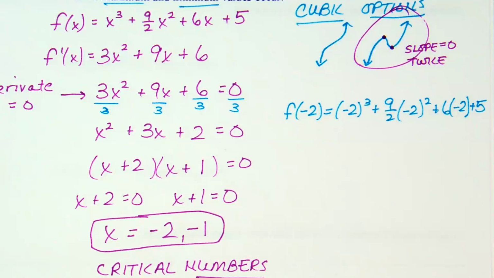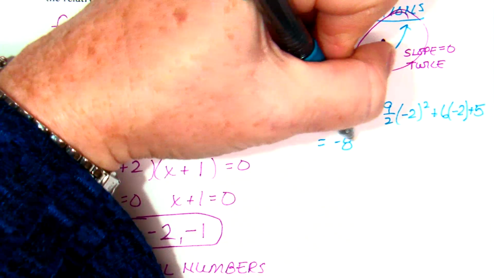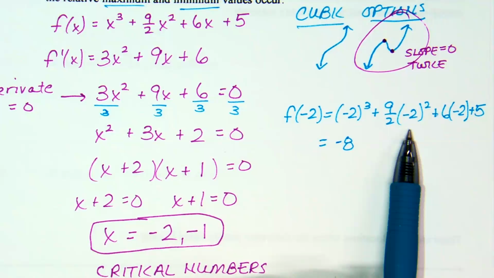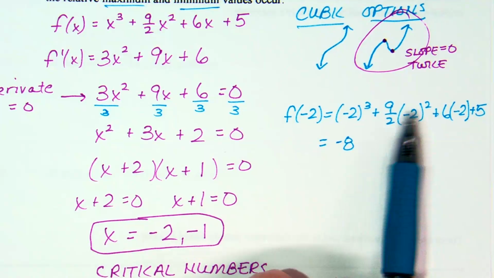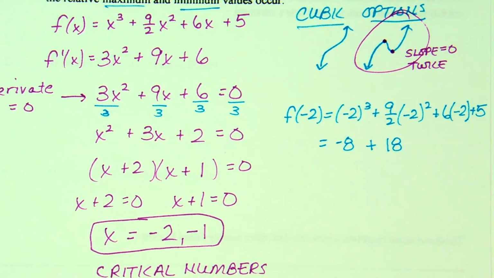Can you do the math with me? -2 to the third. -8. Okay. -2 squared is 4 times 9/2. Well, 4 divided by 2 is 2. 2 times 9 is 18. 4 times 9 is 36. Divide that by 2 is 18.